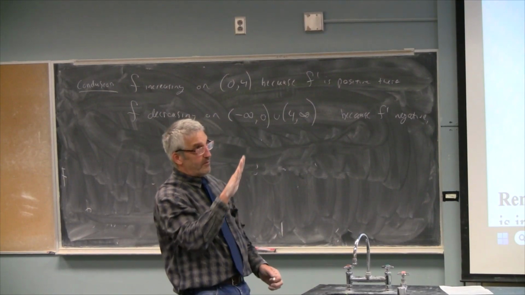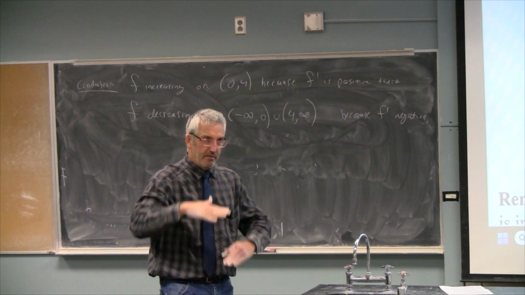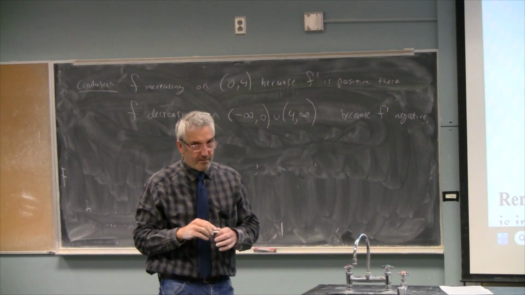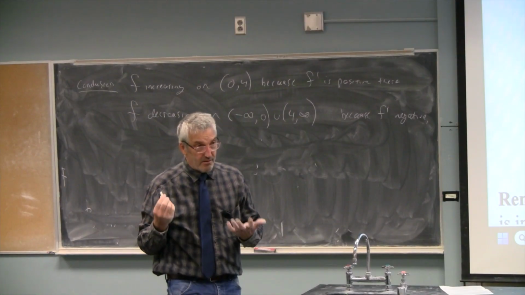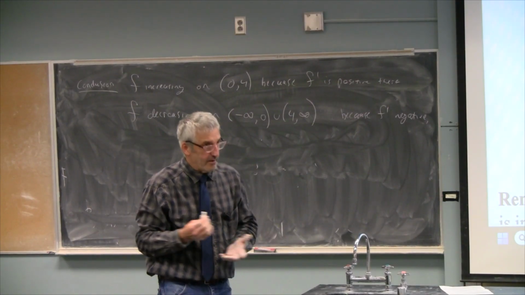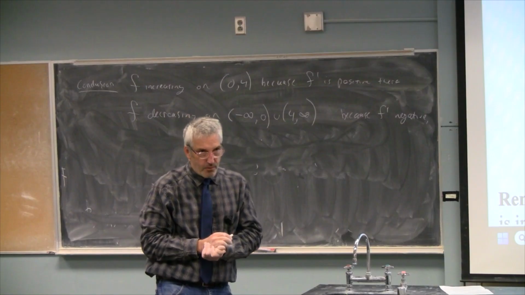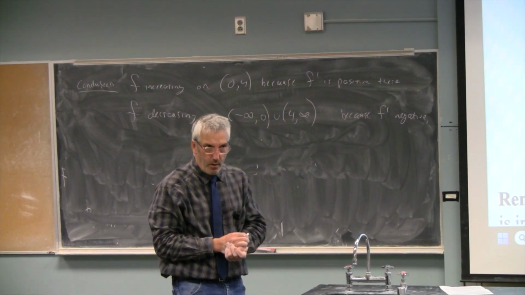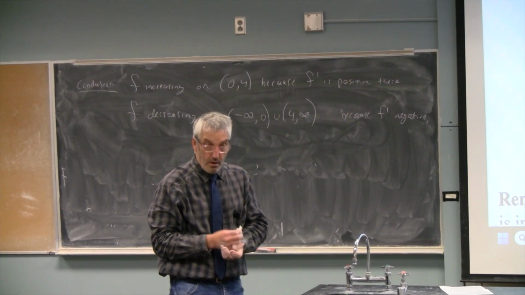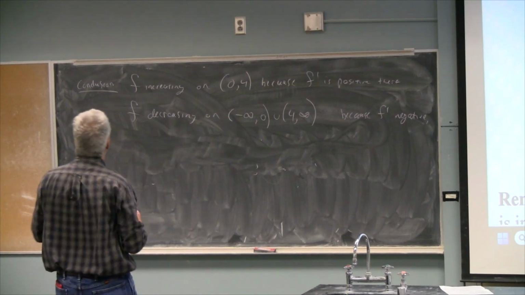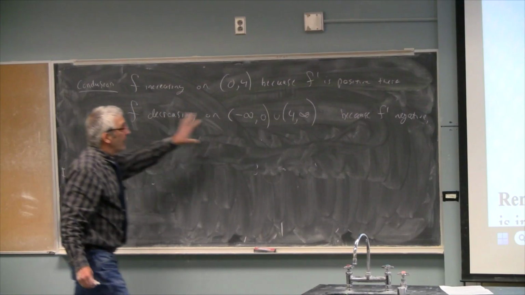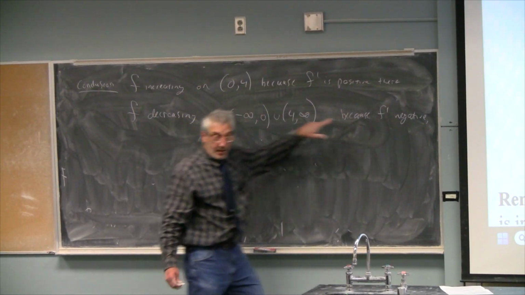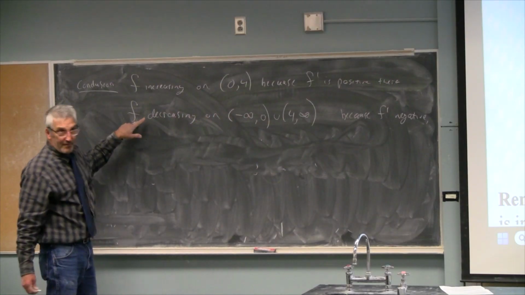Increasing means the graph looks like it's going up. Positive means the graph is above the x-axis. Two different things. So to say that something is increasing because it's positive is nonsense. Knowing that something is positive doesn't tell you anything about whether that thing is increasing or decreasing. What we have in this situation is one function, f prime, that's the negative thing, and then a different function, f, that's the decreasing thing.